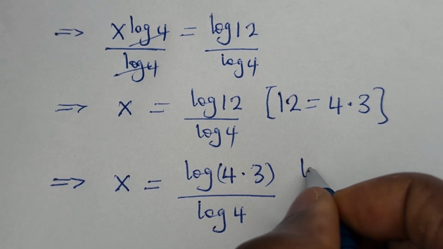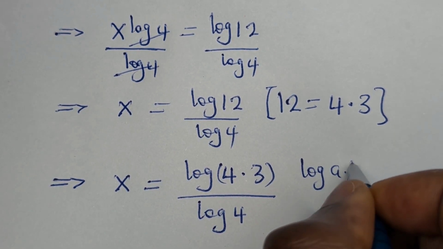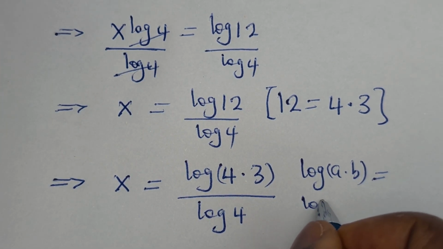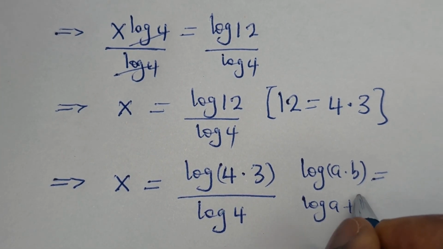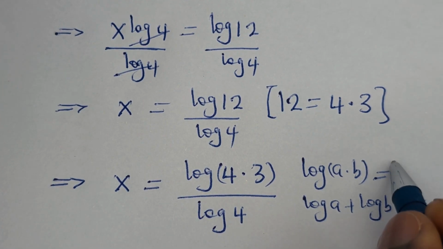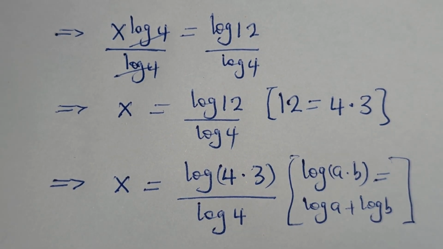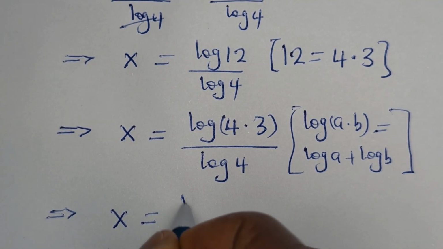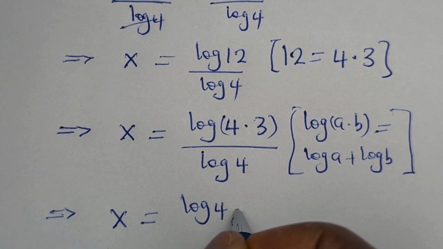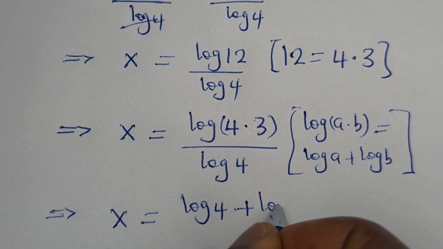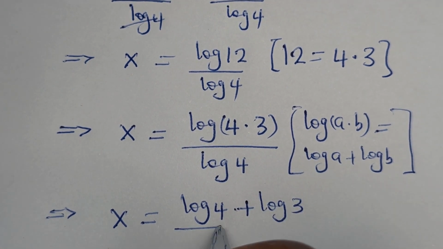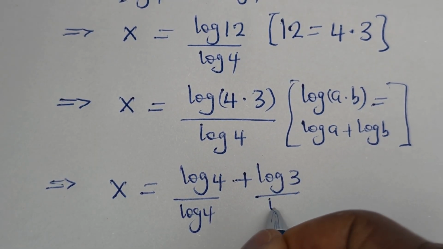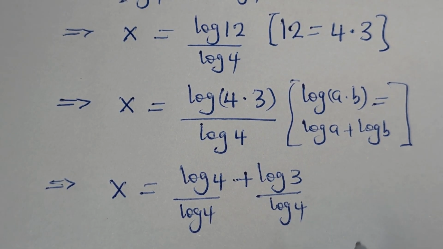If you have log a multiplied by b, this is equal to log a plus log b. x is equal to log 4 plus log 3, and this divided by log 4.